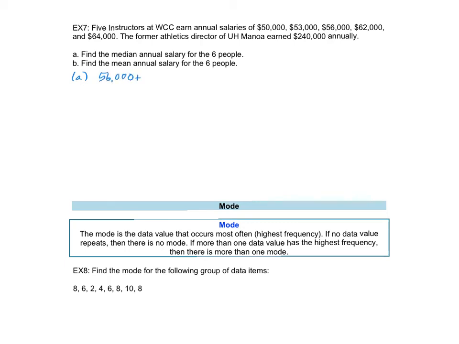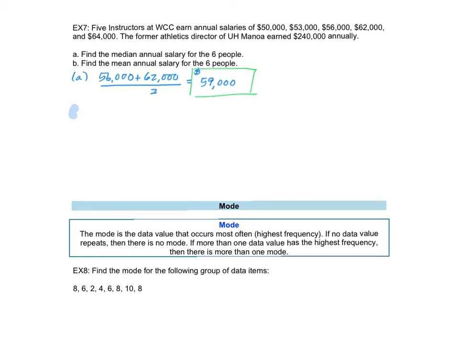So if I add them up and divide by 2, I get $59,000. And I need to put the $ sign on there. So that would be the median annual salary for those people.